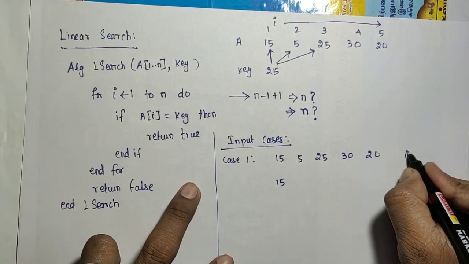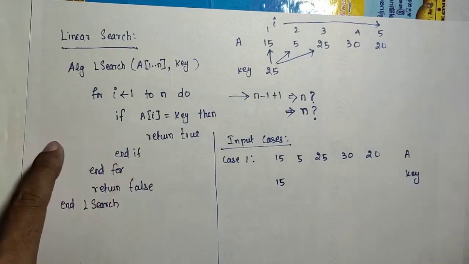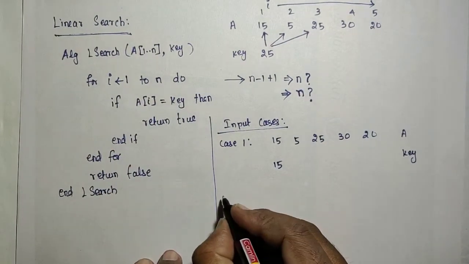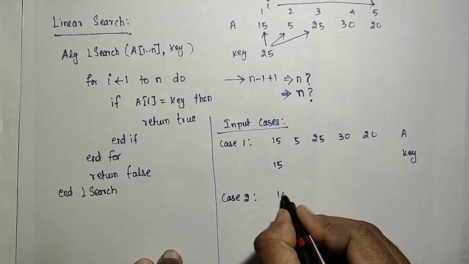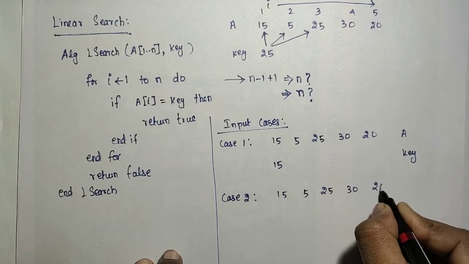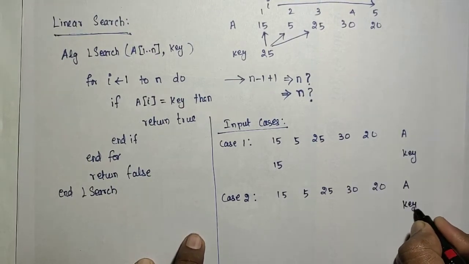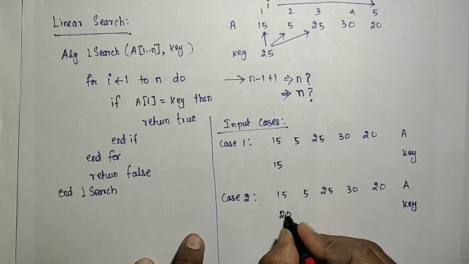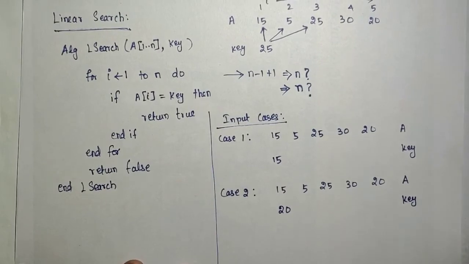This is the array A and this is the key. This is one case. And case 2: the same array, 15, 5, 25, 30 and 20, and the element to be searched, the key, is 20. So this is the second case. And the case 3.